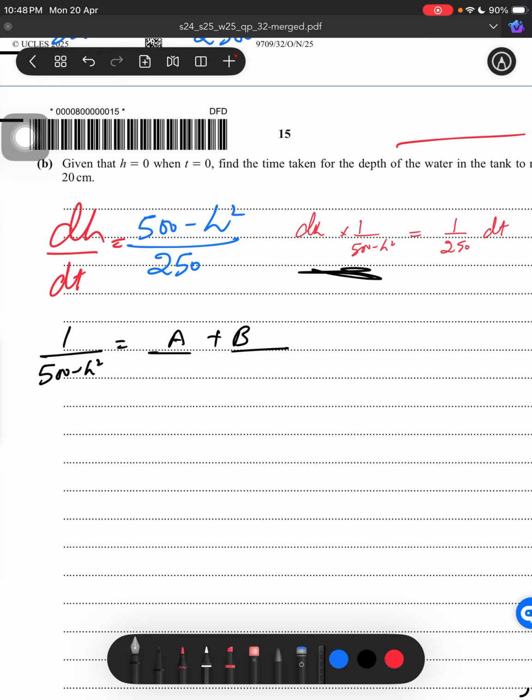So can we write this in roots? We can have the roots of 500. Root would be 10 root 5 minus h, and root 5 plus h.